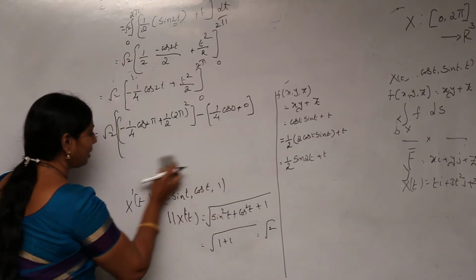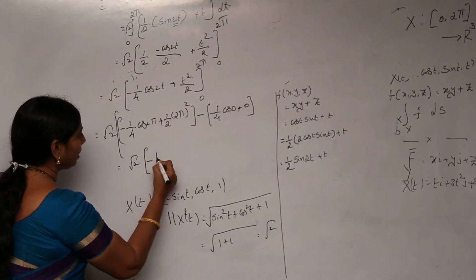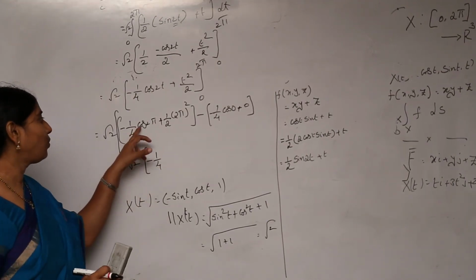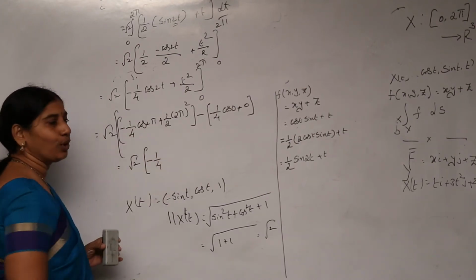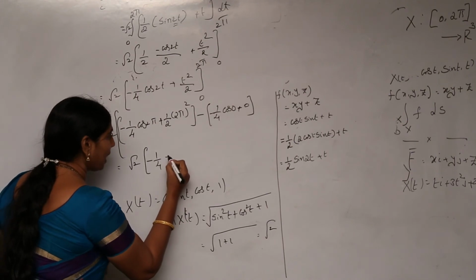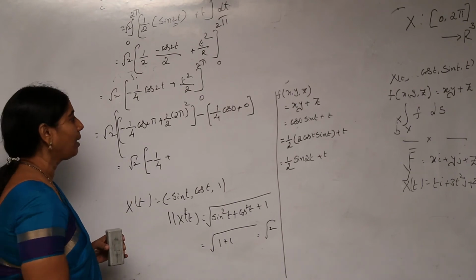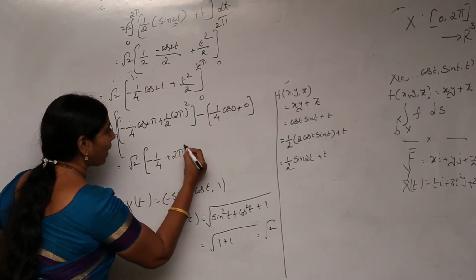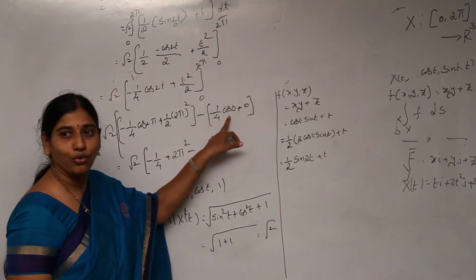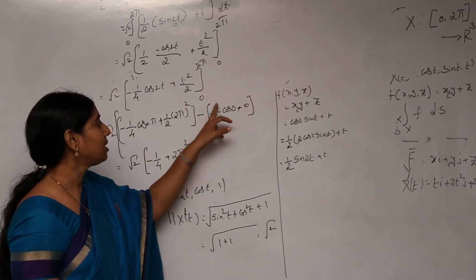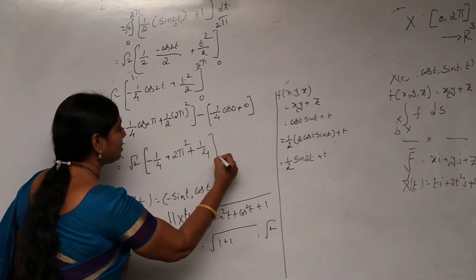So what is this? Nothing but root 2 into minus 1 by 4. The value of cos 2 pi or cos 360 is 1. So minus 1 by 4 into 1, that is 1, plus half into 2 pi whole square, that is 4 pi square by 2, which is 2 pi square, minus, this is cos 0, the value of cos 0 is 1, minus 1 by 4, so that is plus 1 by 4 and then 0.